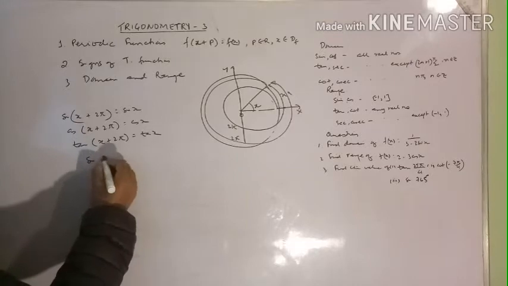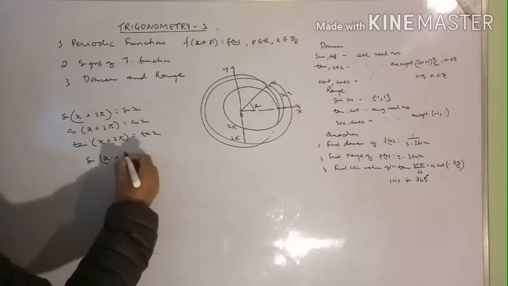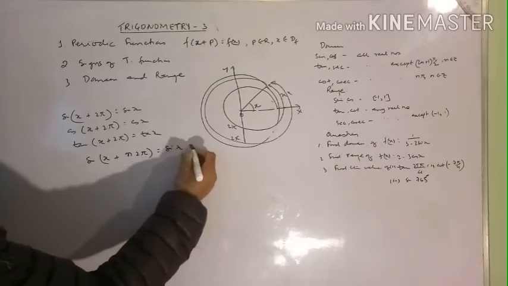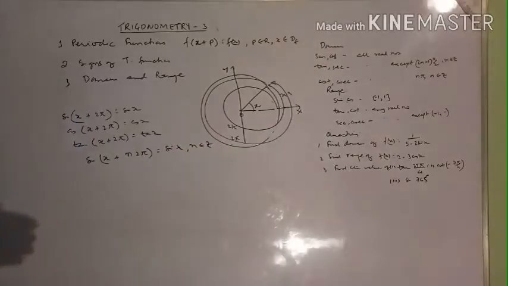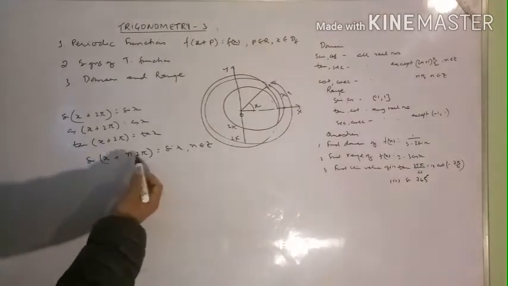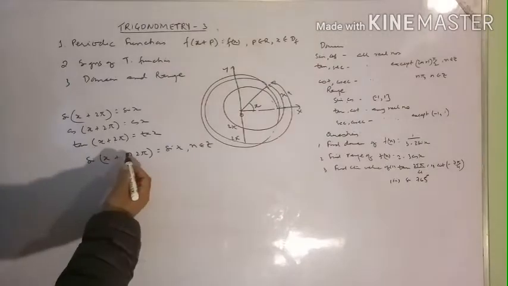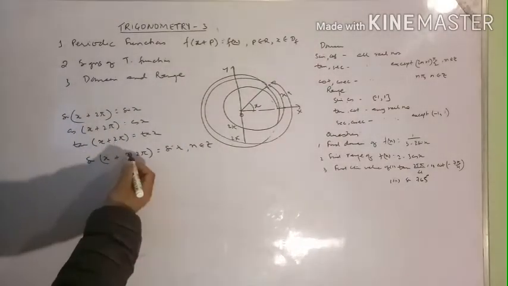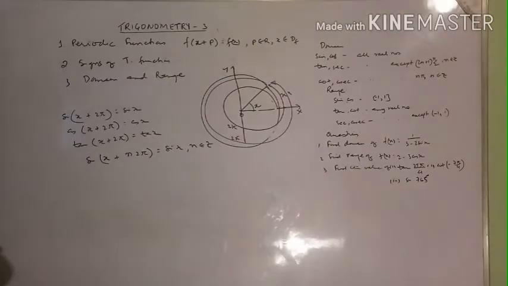So sin x plus n into 2 pi will also be sin x, where n belongs to Z, any integer, positive or negative. When n equals 0, you get sin x equal to sin x. When n equals 1, you get sin x plus 2 pi equals sin x. When n equals 2, you get sin of x plus 2 into 2 pi is also sin x.